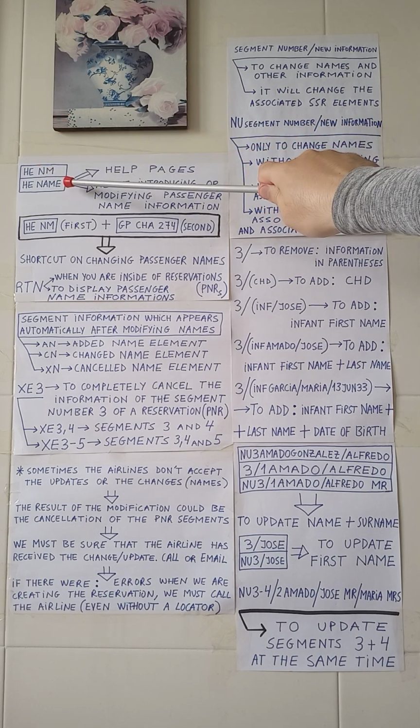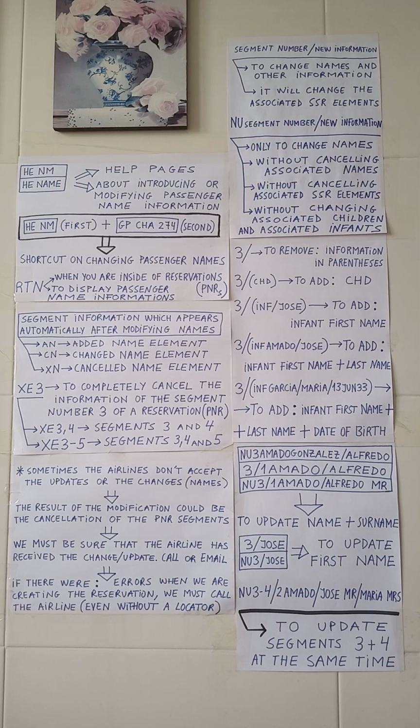HE and MHE name allow access to help pages on entering or modifying passenger name information. Next, we see an example of how to access a specific help page on the topic of passenger names.